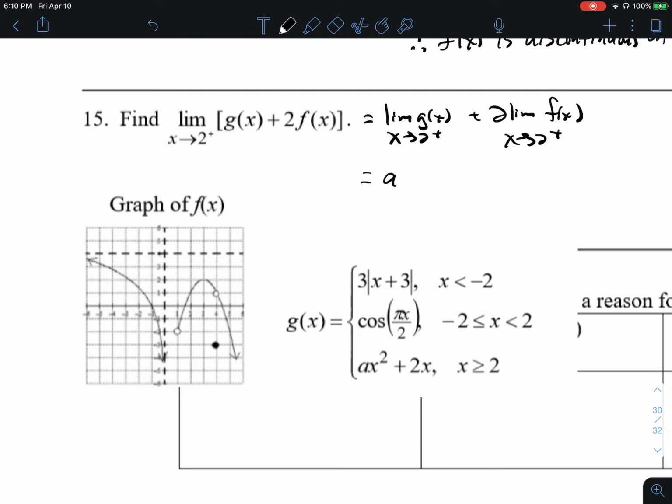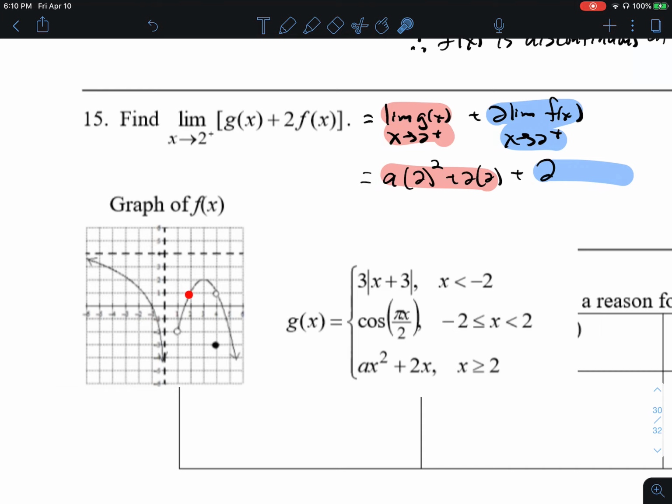So that's going to be a times 2 squared plus 2 times 2, plus, that is this part here, 2 times, now we're working on this part here, the function f as x approaches 2 from the right.